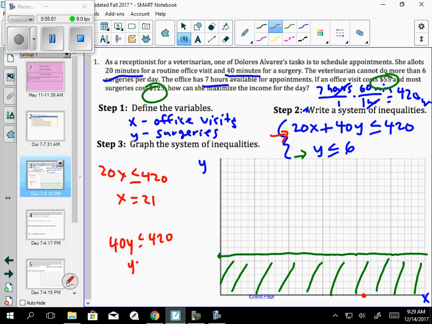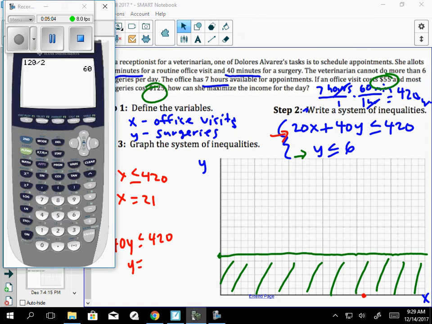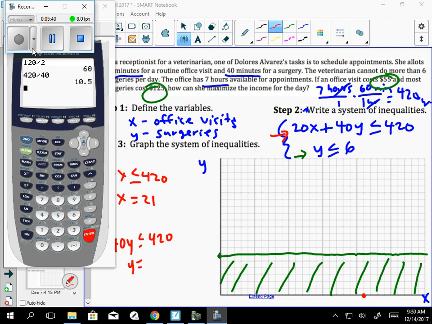If we take 420 and divide by 40, it looks like we get 10 and a half when we divide that out. So now we know the y-intercept is going to be at 10 and a half.